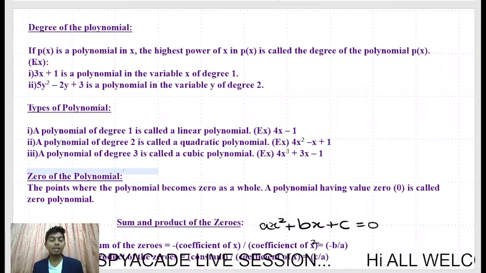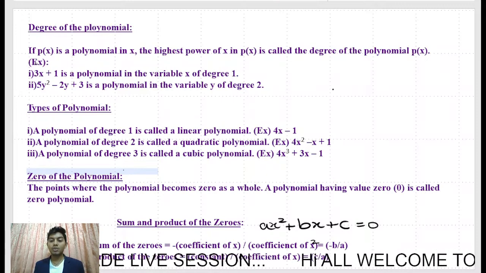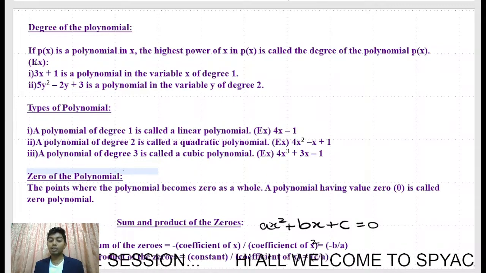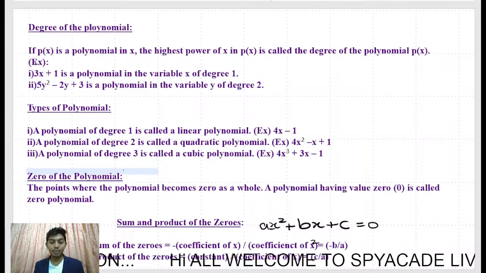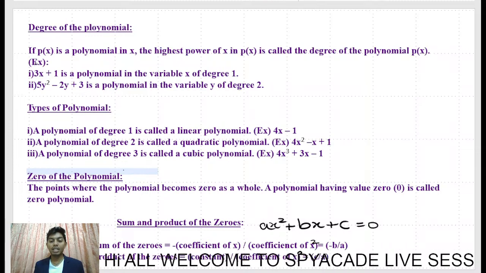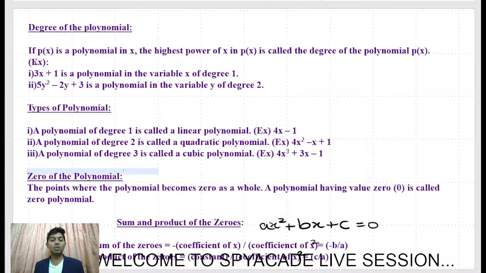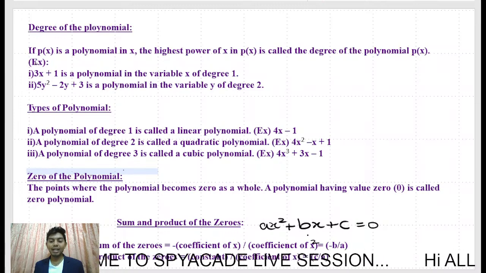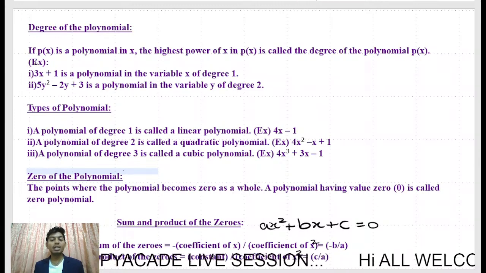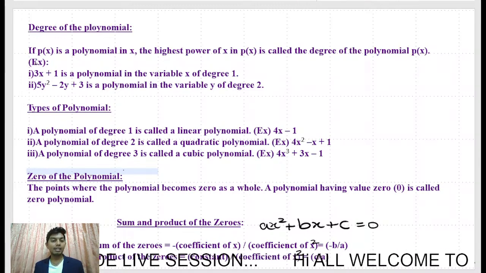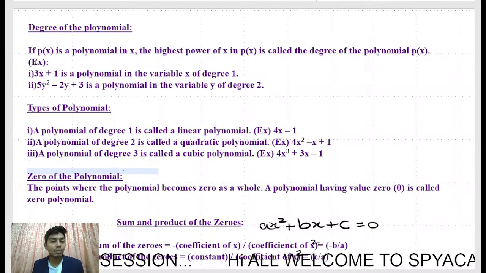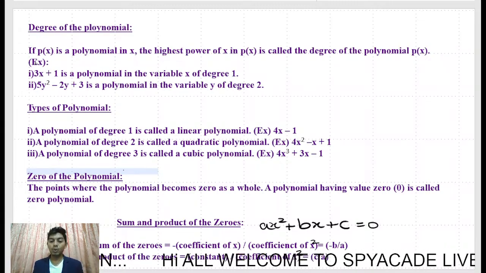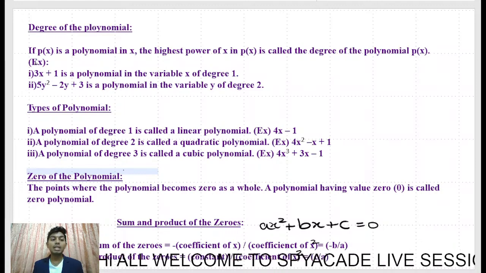So the product is going to be c by a. Is it clear for everyone? Sum of the zeros is equal to minus b by a, and product of the zeros is equal to c by a.